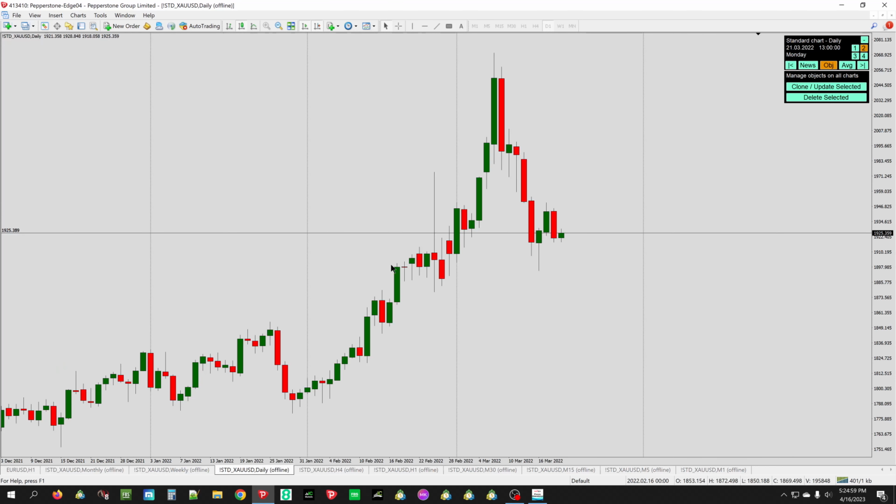If I look at daily, we are creating a resistance and a support. The support is at 1911 area and resistance is at 1947 area. If we break below this support level at 1915, we can potentially fill this wick, which is around 200 pips away.